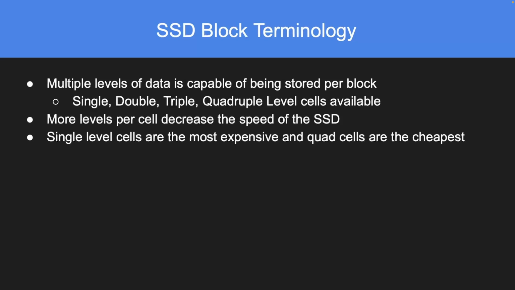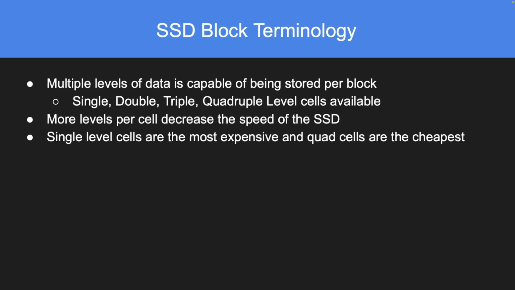And if we have more levels per cell, this will decrease the speed of the SSD because it has to read through multiple possible data points to find the data that it wants. But the caveat to that, or rather, our trade-off to that, is the fewer levels per cell that you have, the more expensive the drive will be.